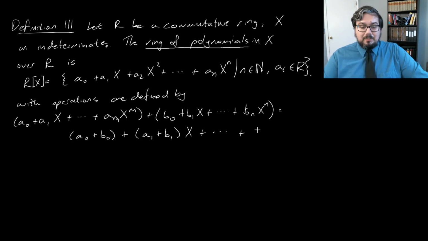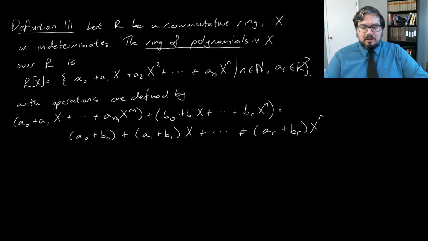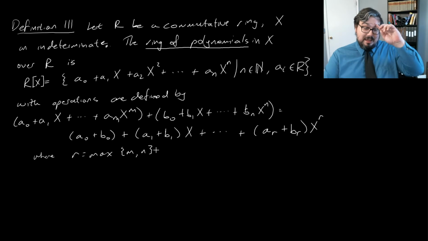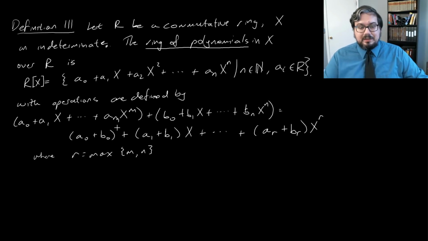And then we go up to a_r plus b_r times x to the r, where r is the maximum of m and n. These two polynomials might have different degree. There might be more terms in one of them than the other. And so when we add them together, we add them all the way up.